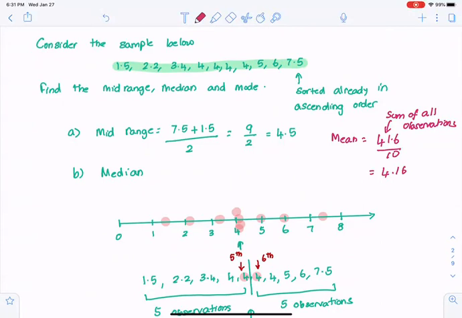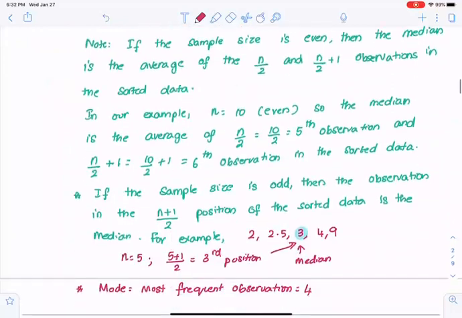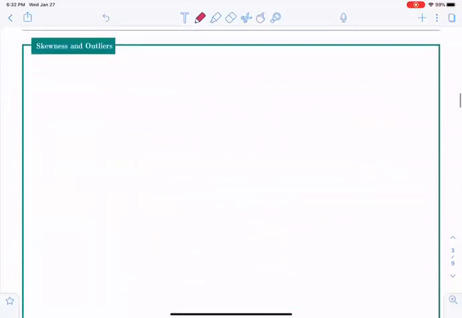So I would expect the mean, median, and mode to be very close to each other. So a very good example where mean, median, mode are very close to each other is the one that we just did.